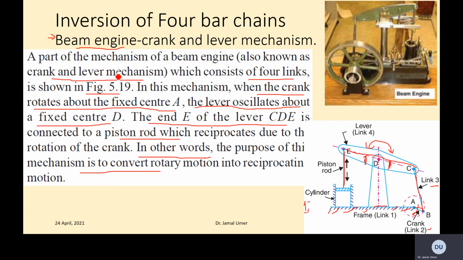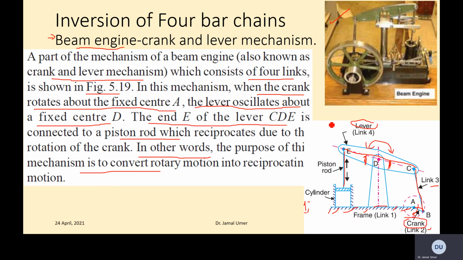That's why it's one of the cases, and it is quite famous. We call it a beam engine, or sometimes a crank and lever mechanism as well, because it involves a lever here and a crank here. That's why it's called a crank and lever mechanism. This is one of the models shown here; basically, it's a beam engine.